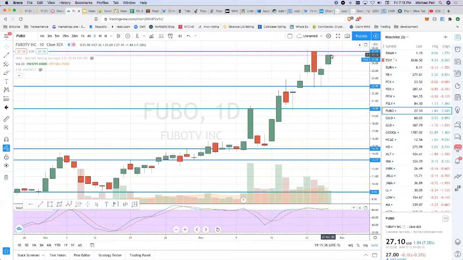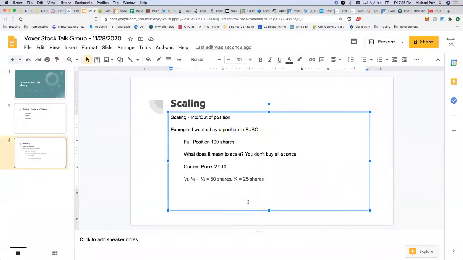And sometimes it helps me from a standpoint, let's say you hear about a stock and you've been following it a while and it just starts to take off, but you're kind of nervous about it for whatever reason, and you don't want to buy your full position. Scaling is a way to get into it such that, either at a quarter, a third, or a fourth, or whatever your increment is, you get into the stock.